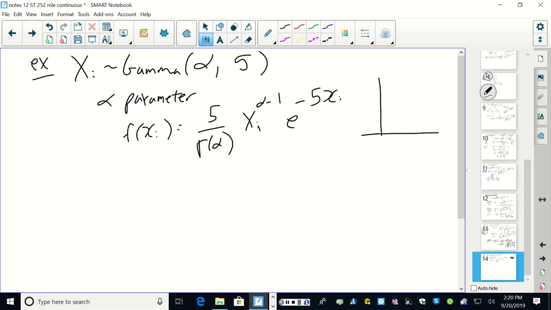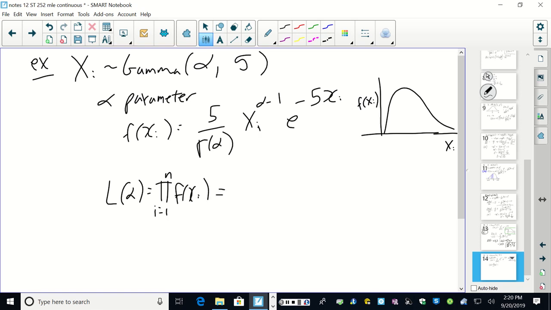That's the picture that gives you the curve that shows you where the values are likely to be. So our likelihood for alpha is a product over the n independent density pieces, all multiplied together n times, so we get a 5 to the n. There's gamma of alpha to the n.